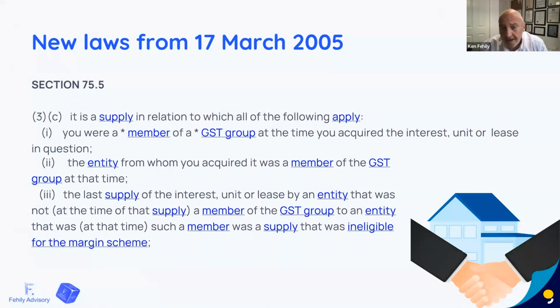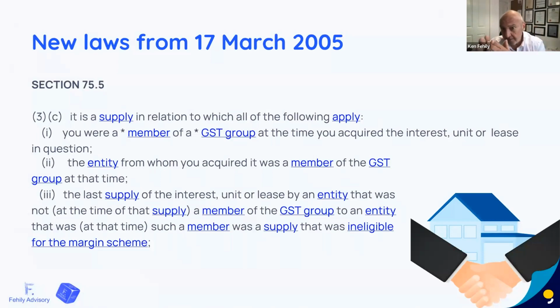They then also worked out, what if you're buying from a group and you've elected to go into the group? Well, what they did was, and let me take you through this slowly, you've chosen to group a bunch of companies.